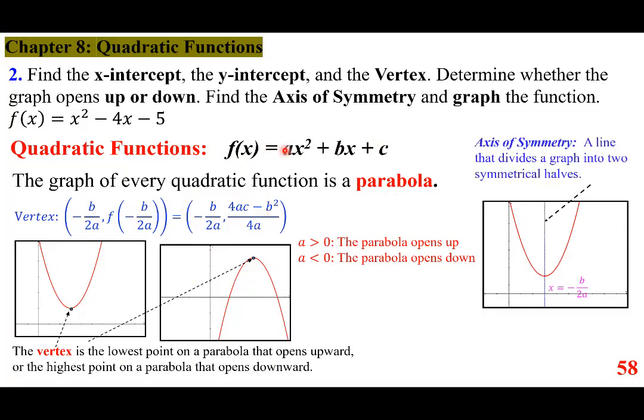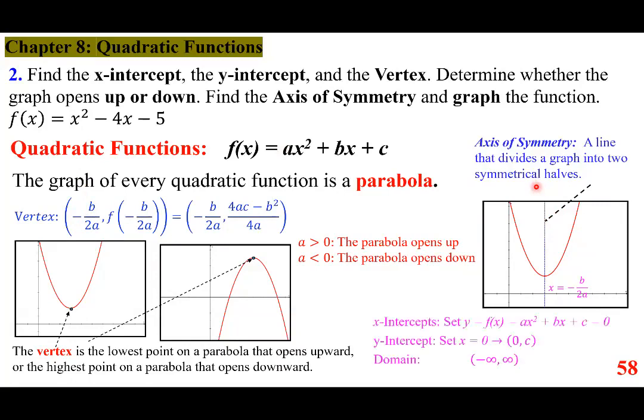The axis of symmetry is a line that divides a graph into two symmetrical halves. Notice we just found the vertex, the x coordinate is equal to -b/(2a), and that is the equation of this axis of symmetry.